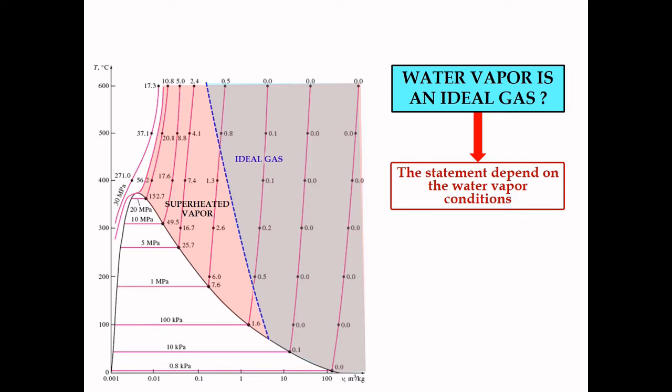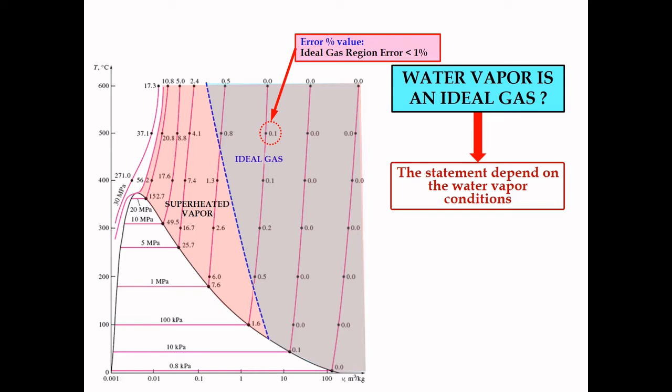This line is the border between the superheated vapor and the ideal gas region for the water vapor. This blue color region represents the region for the ideal gas properties for the water vapor.